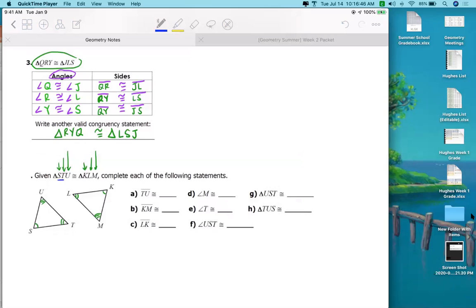So ST congruent to KL. And then this one, TU and LM. And last one's gonna be this. Okay. So I'm gonna have you guys tell me 2 of these questions.